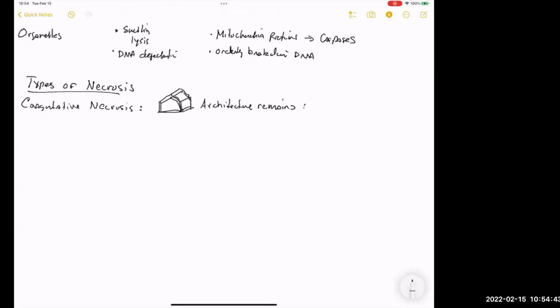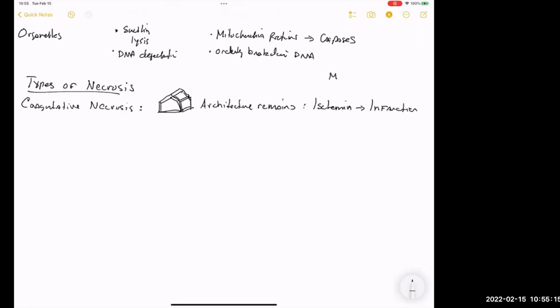And this kind of necrosis is very commonly the result of ischemia that leads to death. And when you have an area of dead or necrotic tissue where the architecture, the frame of it is still there, but all the rest of the stuff is gone, this is often referred to as an infarction.